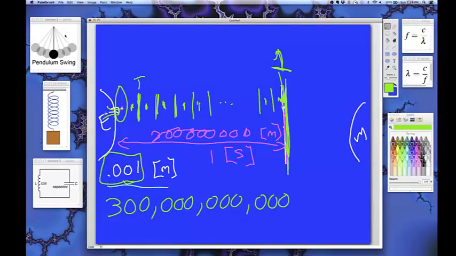I send one pulse, and it travels to here and oscillates in between 300 billion times before it gets to here. So this is our frequency. This is our frequency that we call hertz.